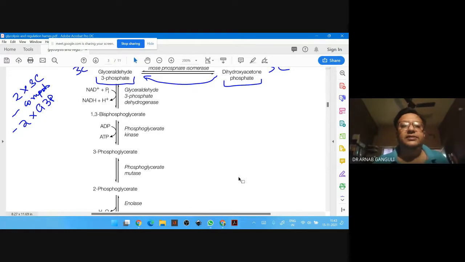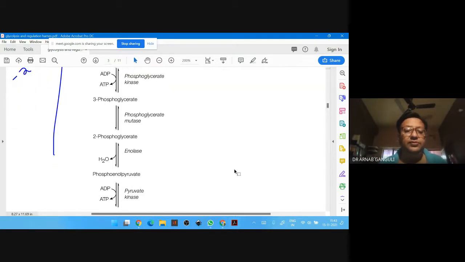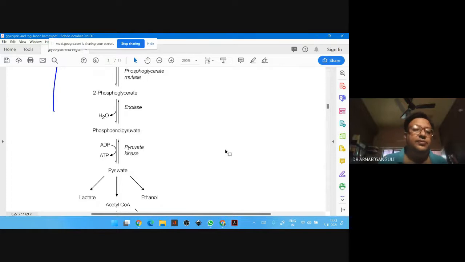All the steps from here to pyruvate, it is 2 into.